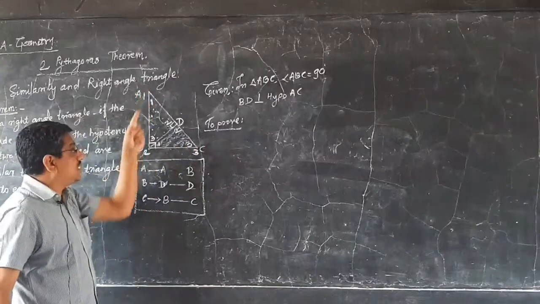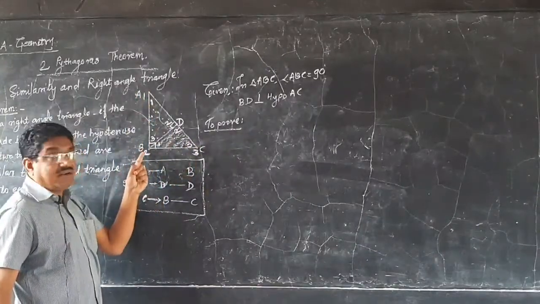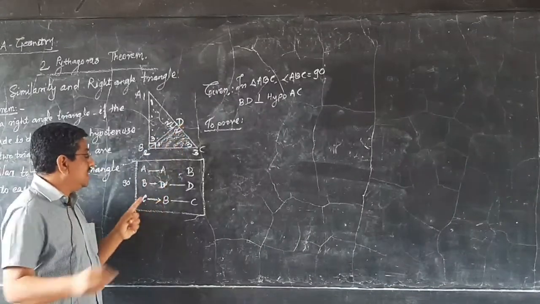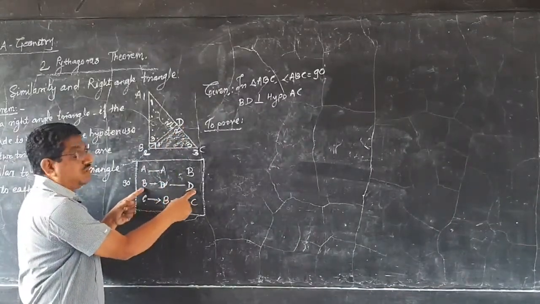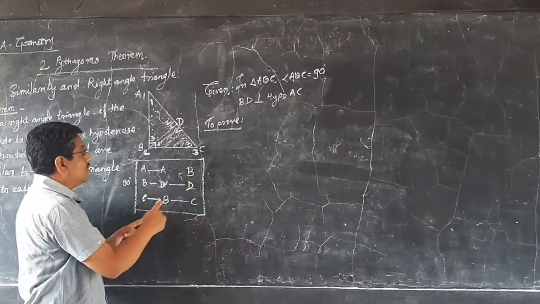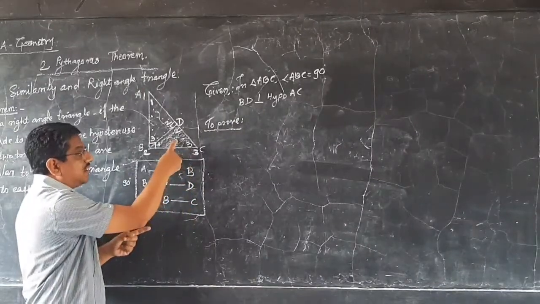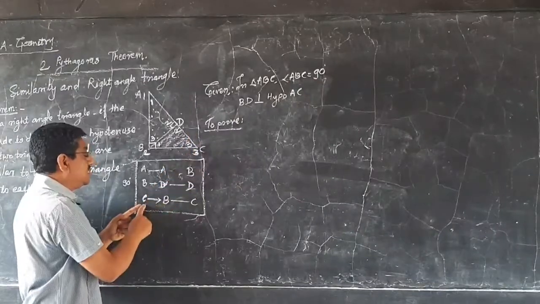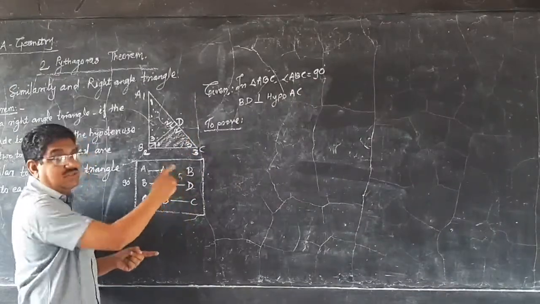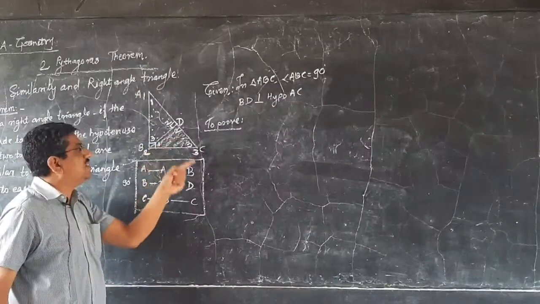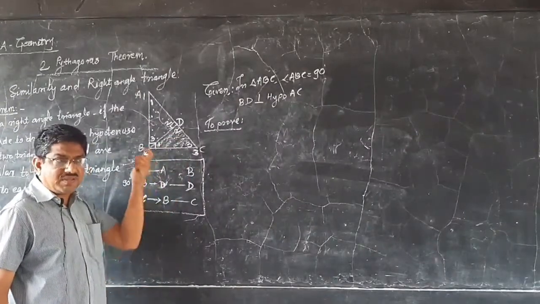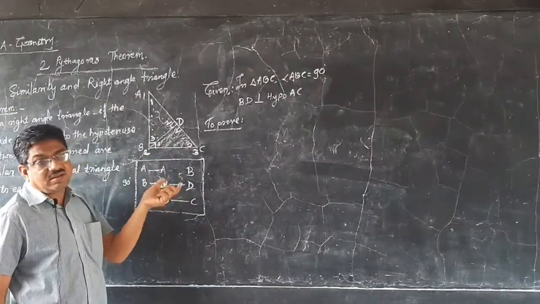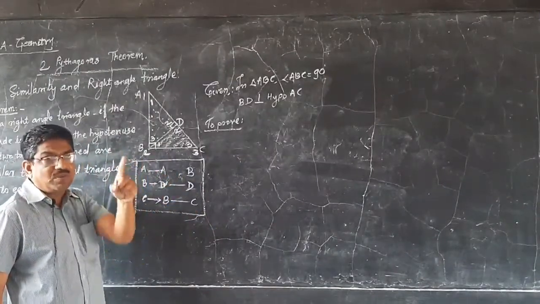It means the original triangle's right angle vertex is B and this triangle's right angle vertex is D, therefore B corresponds to D. And the original triangle and this triangle's common angle is C, therefore C corresponds to C, the remaining vertex is B. Then you can write the sequence like this. Remember, this figure only you have to use, and if they give a different figure, you have to do the practice.